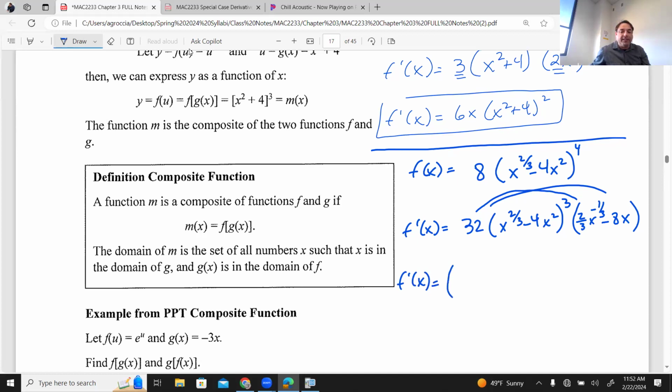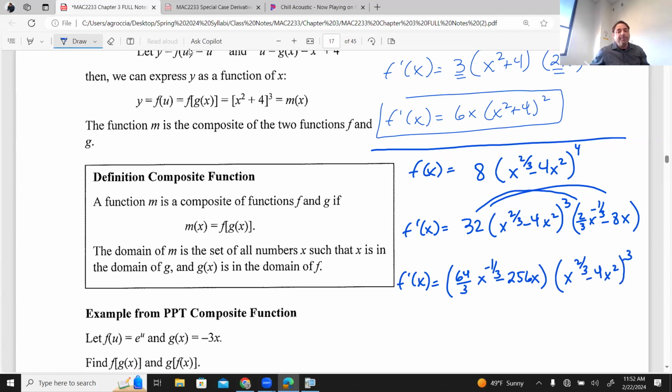So I'm going to keep it in parentheses. 32 times 2 is 64, divided by 3, x to the negative 1/3, minus 32 times 8. What's that? 256. Thank you. X times x to the 2/3 minus 4x squared raised to the 3rd.